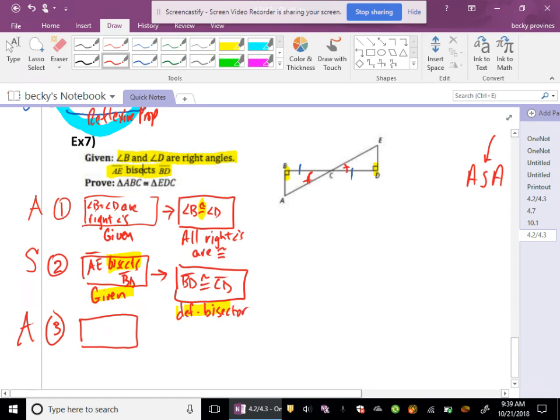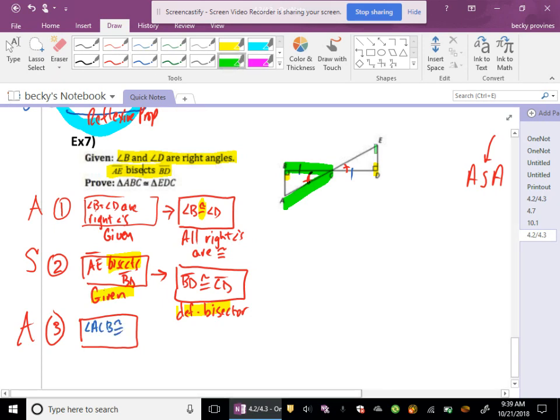Okay, now step 3, I have the angles here in the middle. So you can't say angle C is congruent to angle C because that's way too confusing. You need to use 3 letters. Remember, the vertex is the middle letter. So let's do the one on the left first. So you could say ACB or BCA.